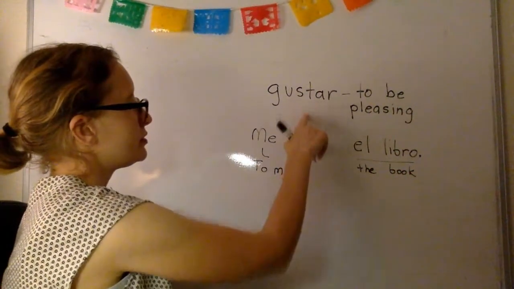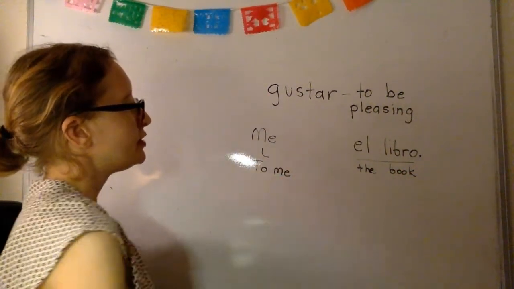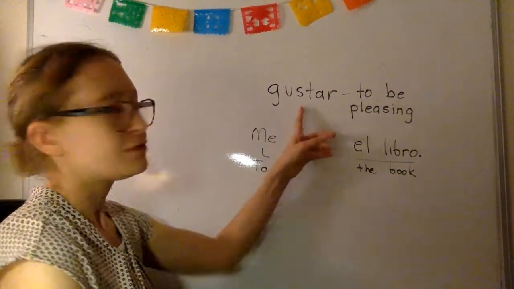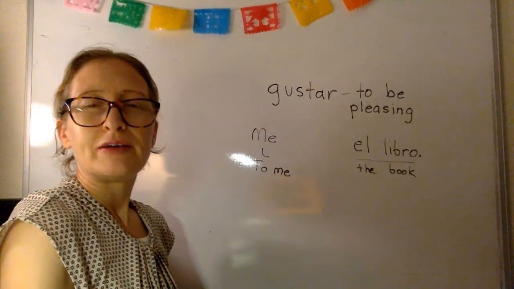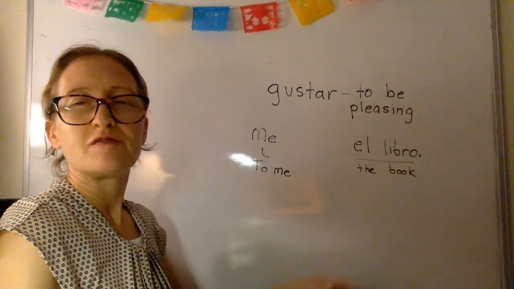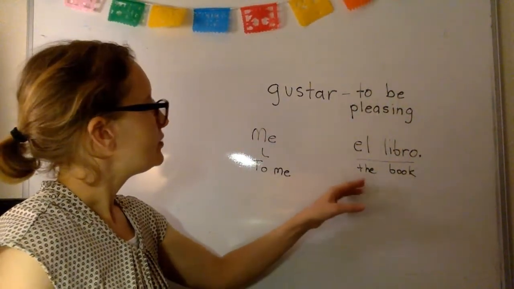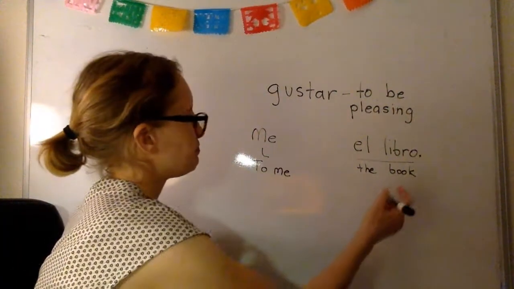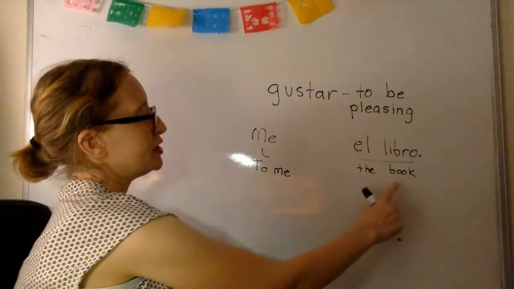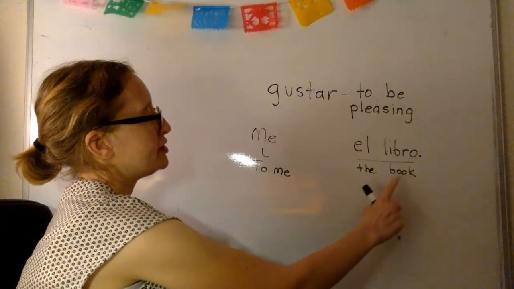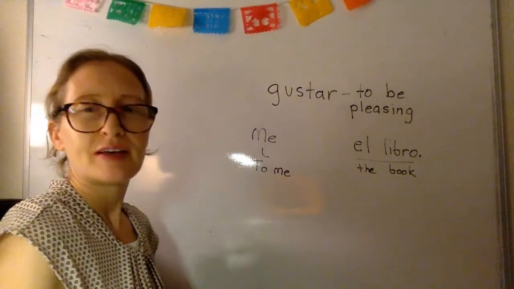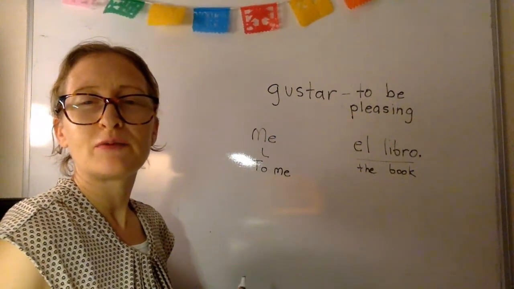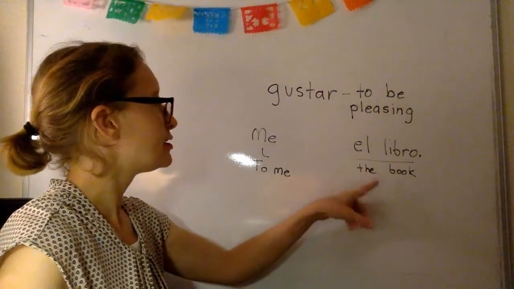So the form of gustar is going to come here. Now we have to ask, okay, what form do I need to conjugate gustar in? We want it to be the present indicative, but what do I do? What's the subject? Well, we're going to work backwards from the very end. The book is pleasing to me. So what is the topic that we're discussing, or what is doing the action? The book.